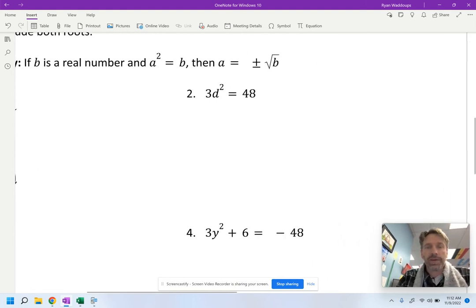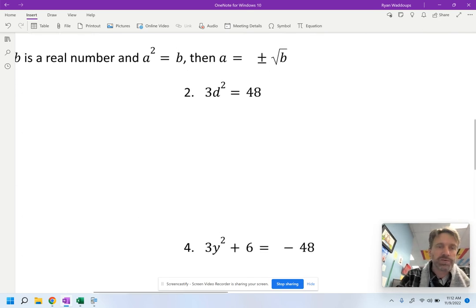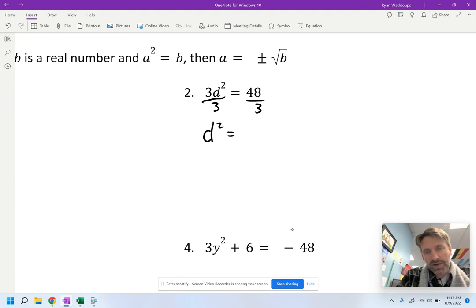For number 2, we've got 3d squared equals 48. Now, before we use square roots to solve, we first want to get the squared part alone. So it's right now with the 3. We're going to get rid of that 3, which is multiplication, by dividing. Divide by 3, divide by 3. D squared then is equal to 48 divided by 3, which is 16.